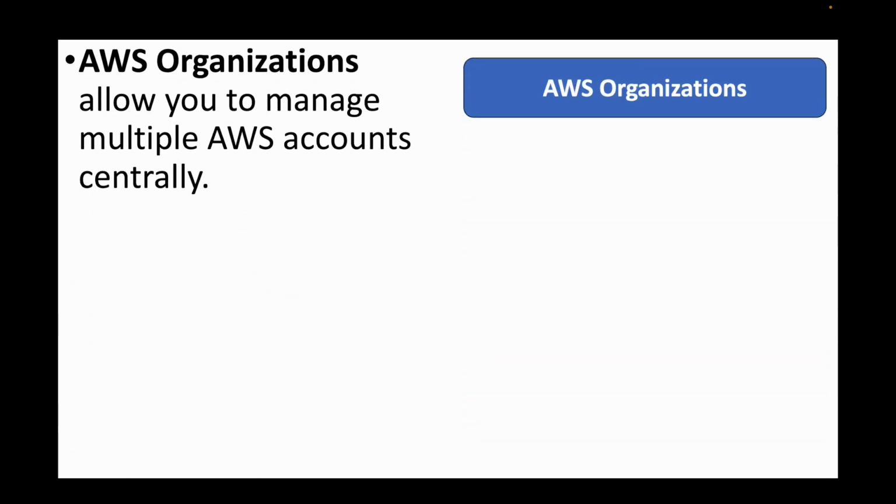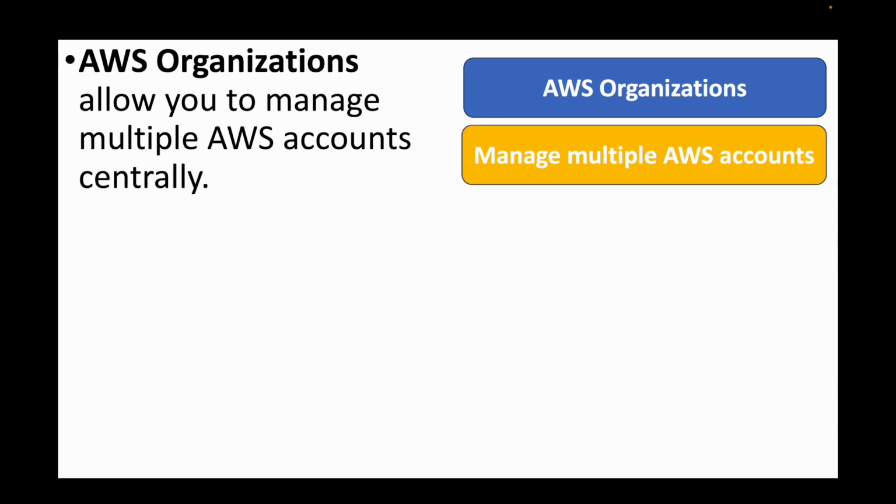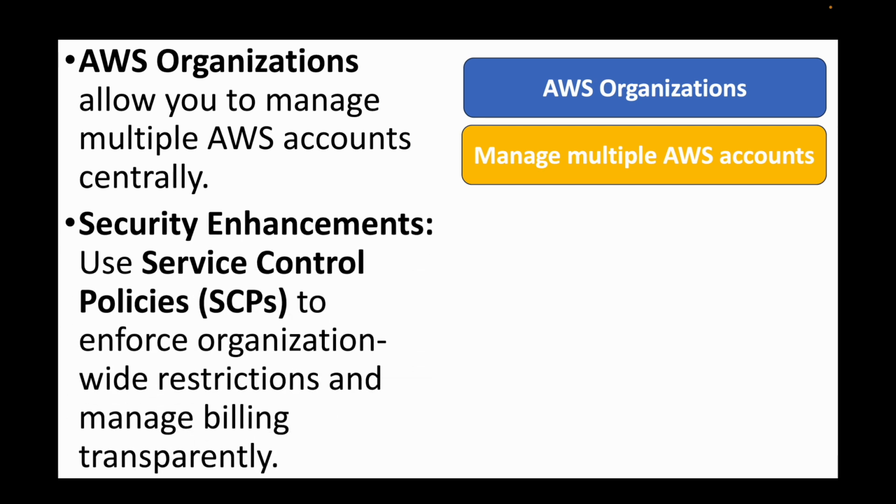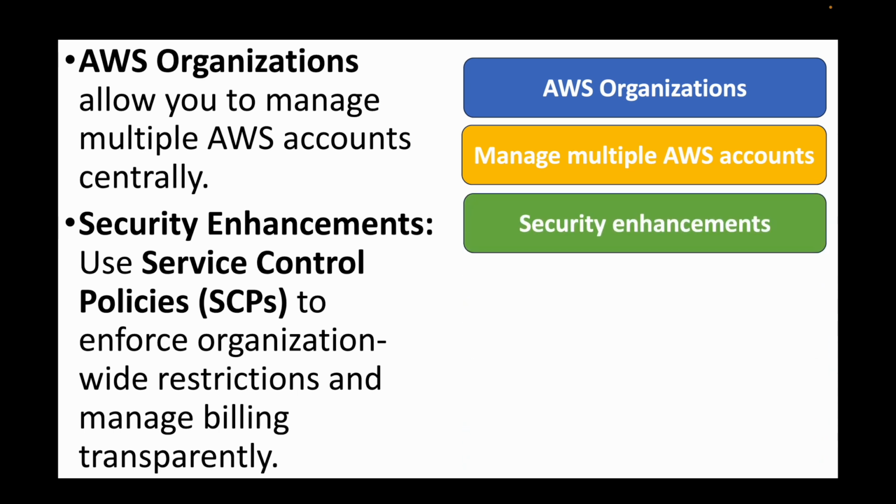The next question we have is, what are AWS Organizations and how do they enhance security? So AWS Organizations is a service provided by AWS, and we can use this to manage multiple AWS accounts. So whenever we have multiple AWS accounts, and if you want to centrally manage these accounts, we can make use of AWS Organizations. Now, this mainly helps us to enhance our security.